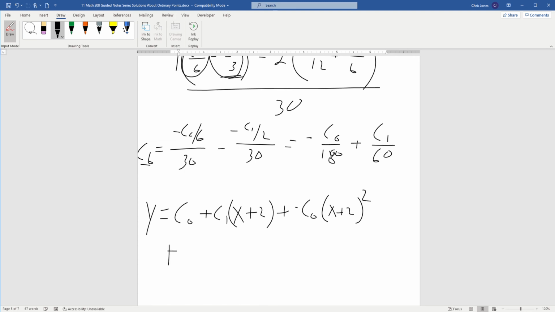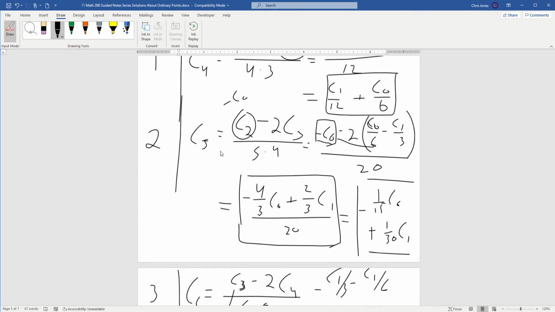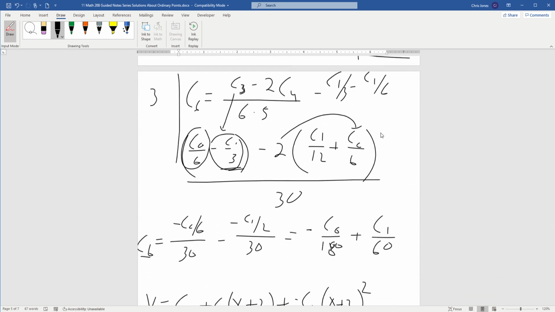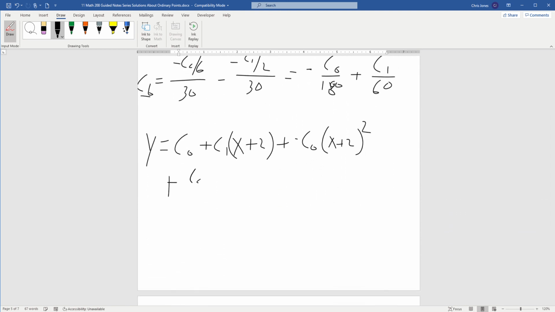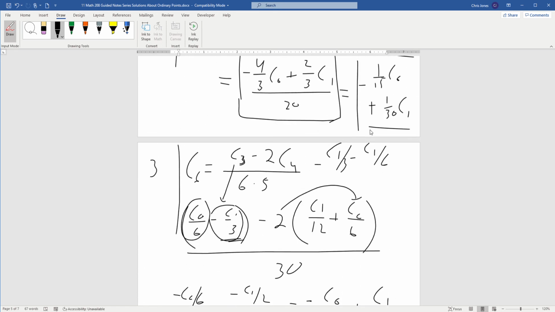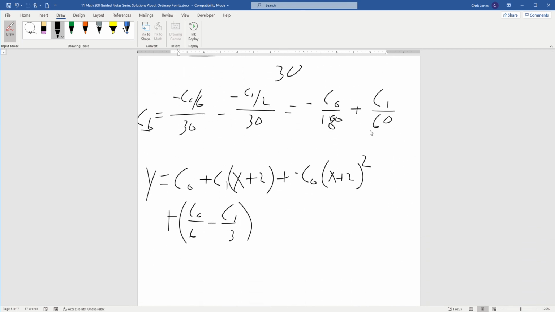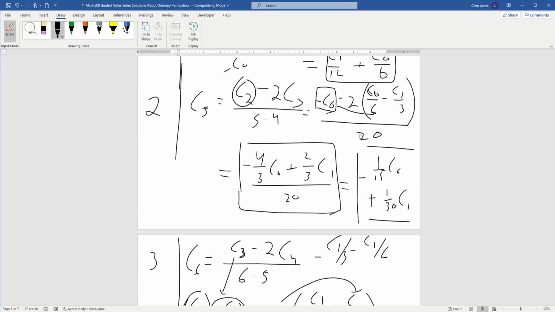Now we're going to go to that third power, so we need to go up to C3. And remember, C3 is C naught over 6 minus C1 over 3. So this is going to be the coefficient that we have. So that's going to be C naught over 6 minus C1 over 3, quantity. And just to make sure I have the signs right, and then that's going to be (x plus 2) to the third power, plus, so we're going to look at C4.